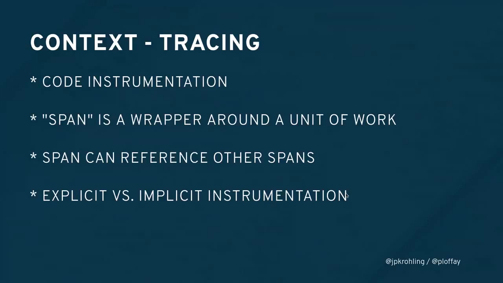Explicit instrumentation is very similar to what I mentioned before. We have tracing code very close to the business code. And then we have implicit instrumentation. In Java, implicit instrumentation could be done by doing bytecode manipulation at runtime by making use of a Java agent.